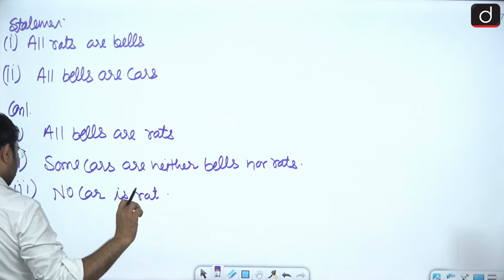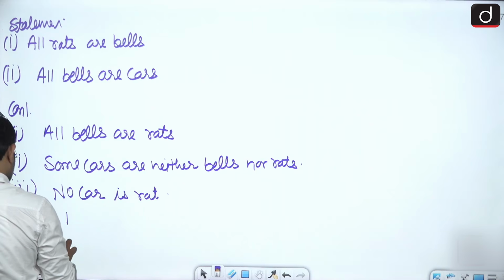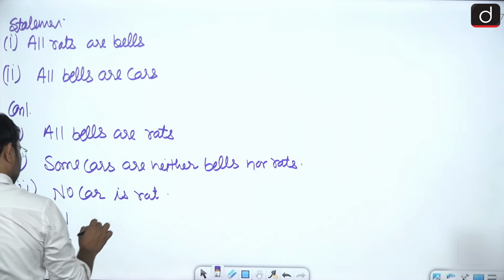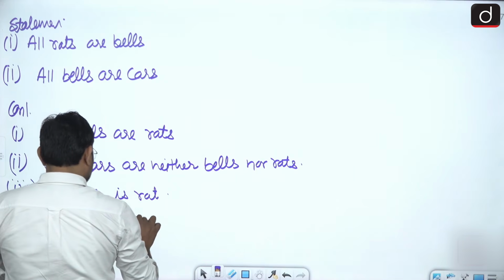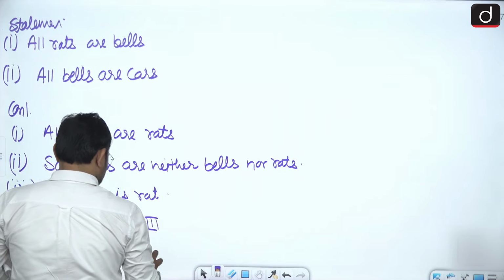Then which of the following conclusions follows from the given statements? Options: first, only one; second, only second; third, only third; and fourth is none.